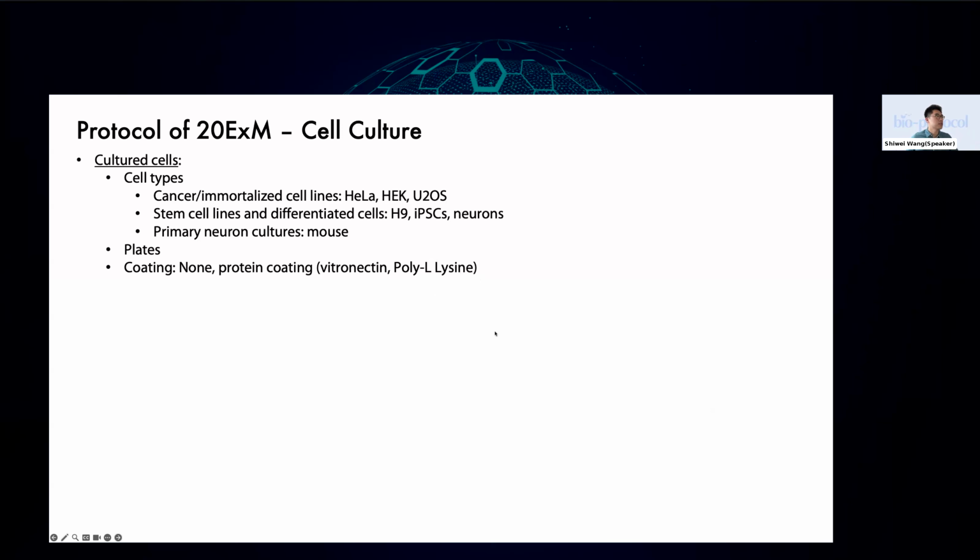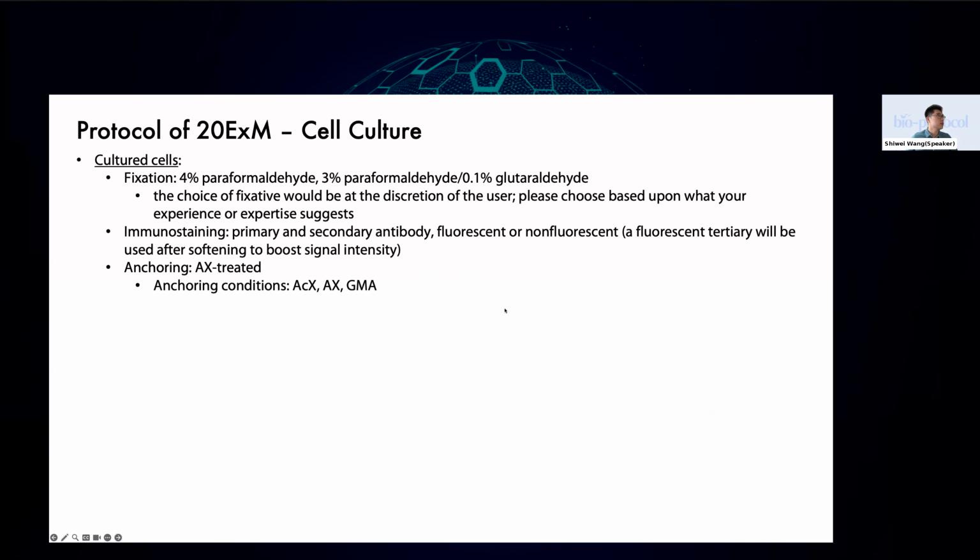So this is how we grow the cells. And once the cells are ready, what we do is we fix the cells either with 4% PFA or 3% PFA and 0.1% glutaraldehyde, depending on the type of target that you would like to see. For example, for microtubules and mitochondria, we observe that it's really critical to use the glutaraldehyde fixation to preserve the structures.